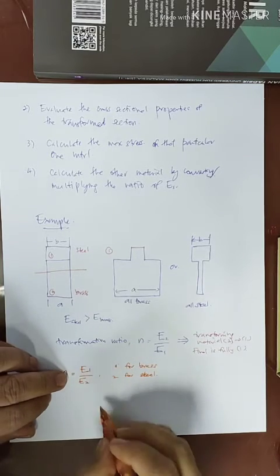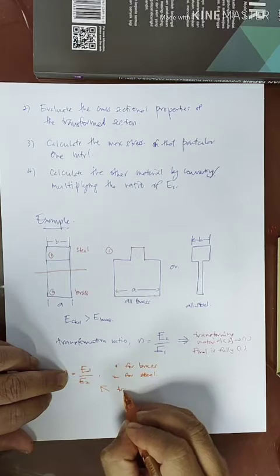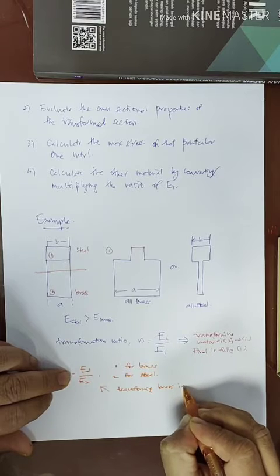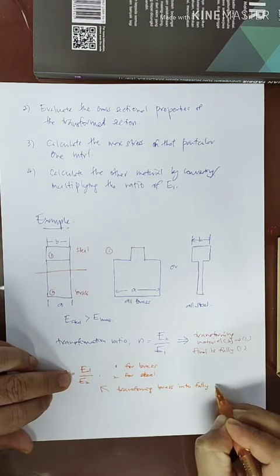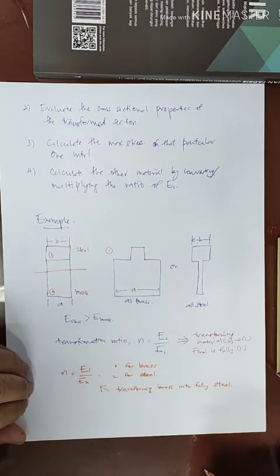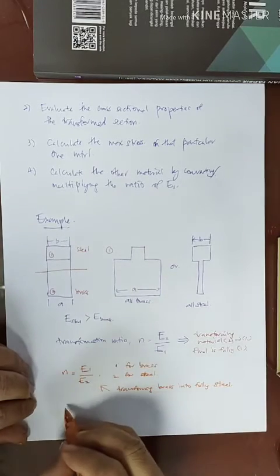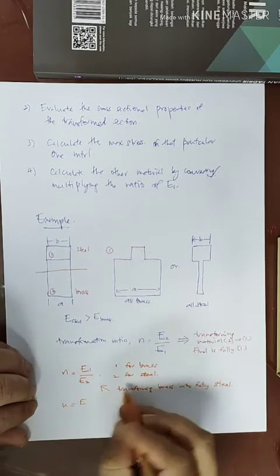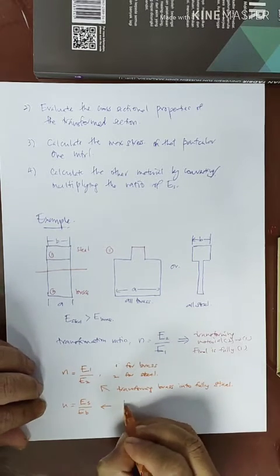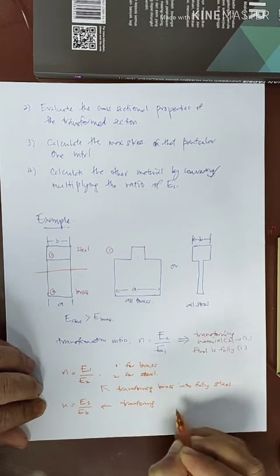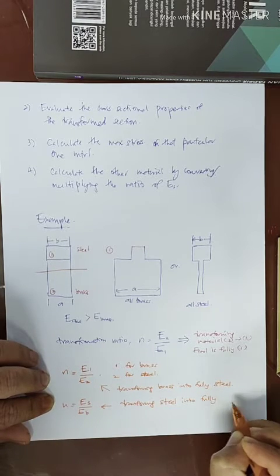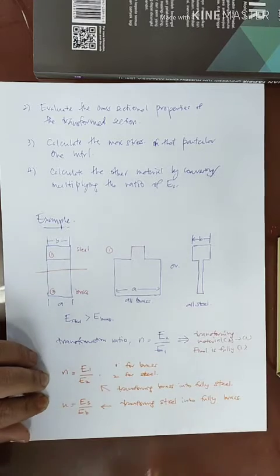Meaning that for this case you are transforming brass into fully steel for the top side, and E steel to E brass, meaning that you are transforming steel into fully brass.